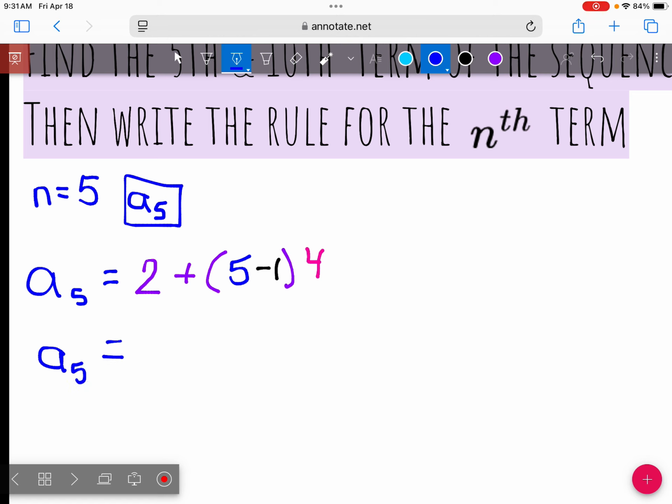So we'll have our 2 plus 4 times 4. So 2 plus 16, so we get 18.